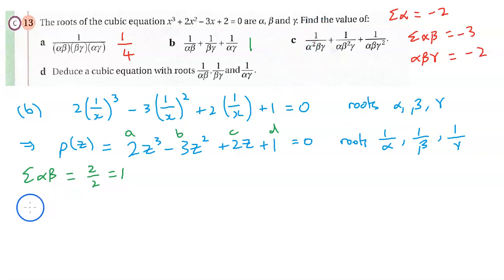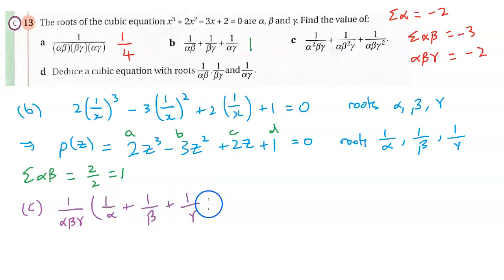And moving on to part C, we can make the observation that all three of these terms have a common factor of 1 divided by alpha, beta, gamma. So it's equal to 1 divided by alpha, beta, gamma times 1 over alpha plus 1 over beta plus 1 over gamma.